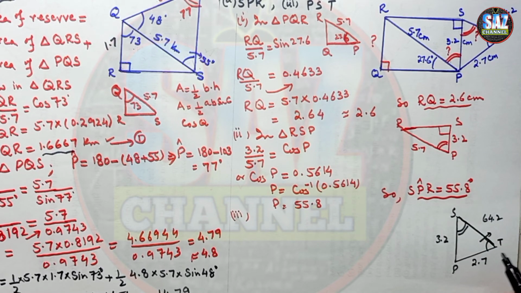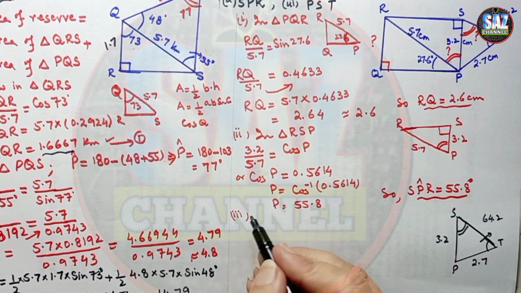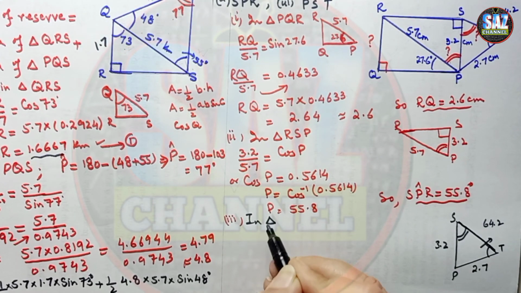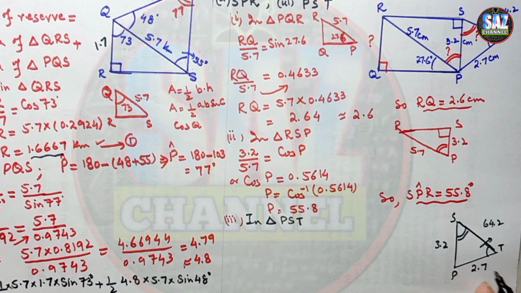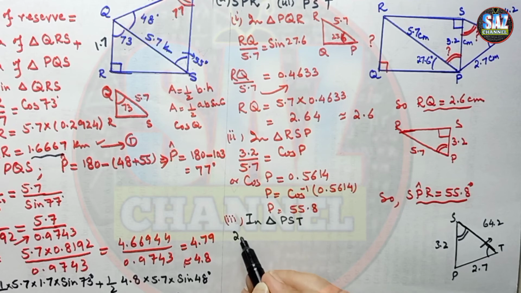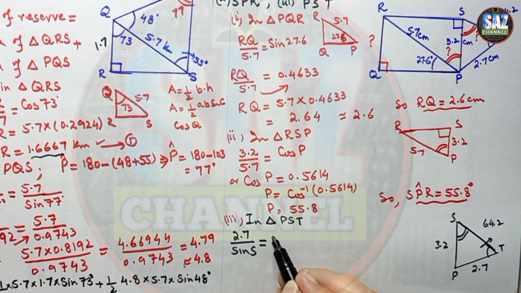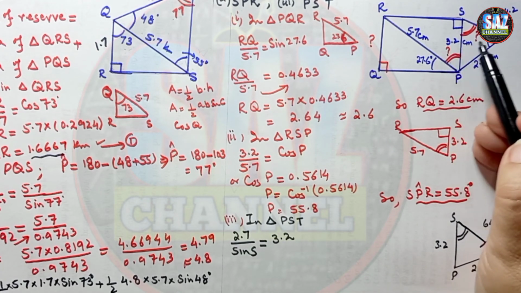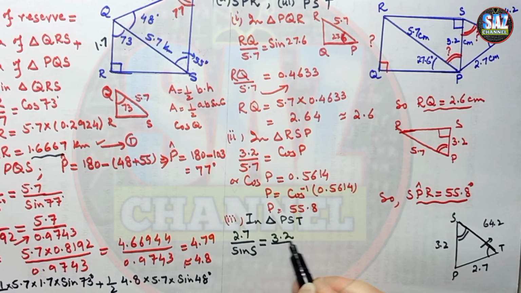And now what we can do is 3.2 upon sine 64.2 equals 2.7 upon sine of angle S. Okay, in triangle PST, 2.7 is the side in front of angle S, so 2.7 upon sine S equals 3.2 upon sine 64.2.